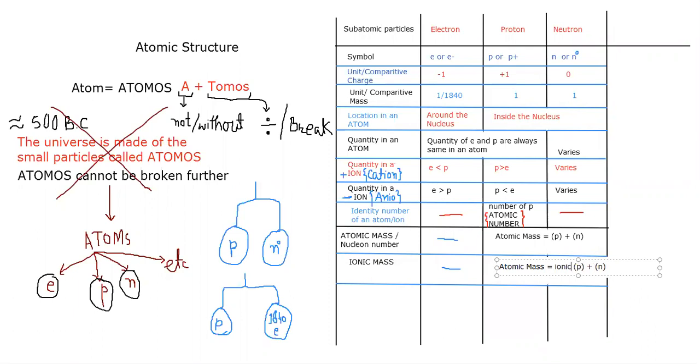It means the quantity of protons and neutrons is also used to find out the ionic mass. If you know the atomic mass, you are able to find out the ionic mass also. That was the description that I have shared here. First of all, you need to understand these concepts. Then we'll move further.